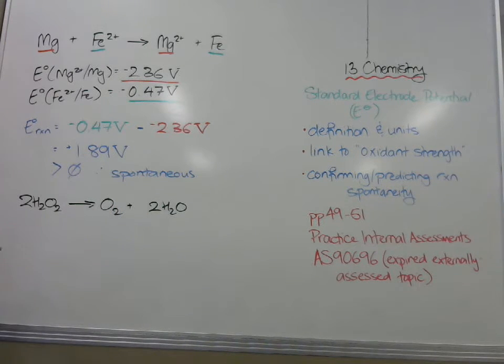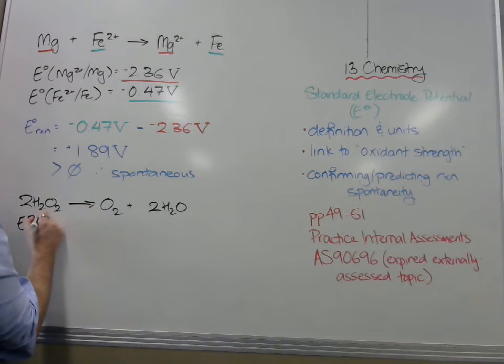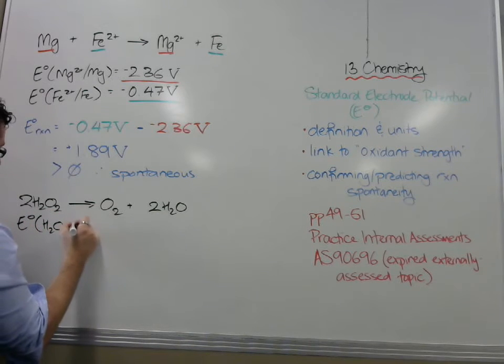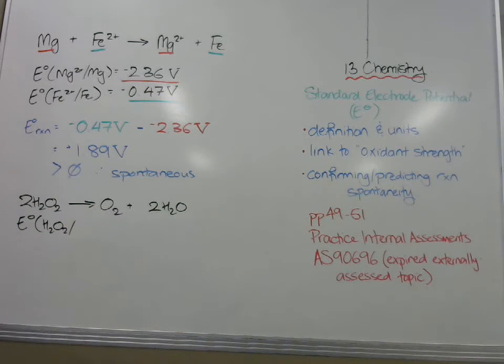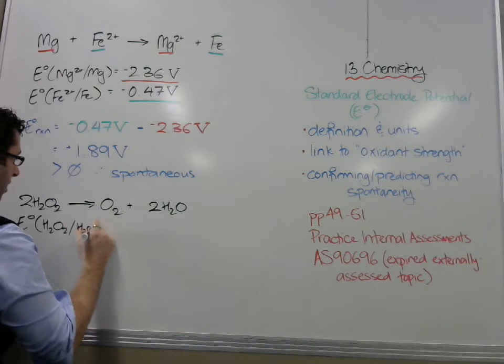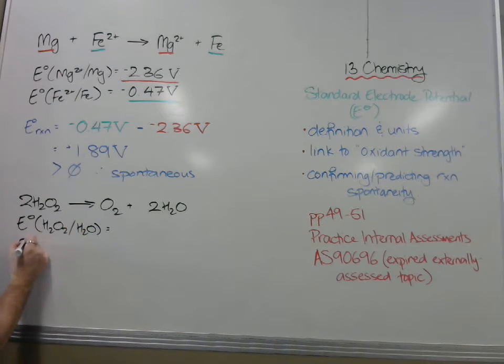In here, you've got two half equations that are possible. One is the reduction of H2O2. What does it become when it's being reduced? Not sure. O2 is the oxidation, but we'll put that one in just a second. So you'll have a value for that one.